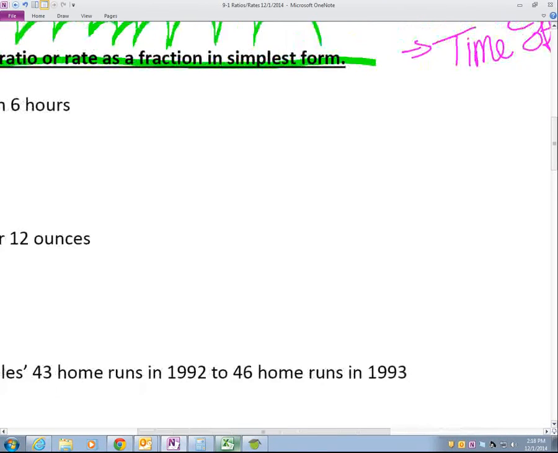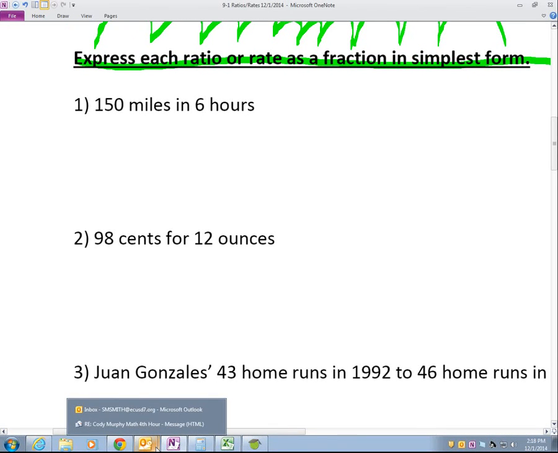All right. So now we've got 150 miles in 6 hours. With that said, what's our fraction going to look like? Dominique? 6 over 150. Okay, think about what you just wrote down on the right margin.